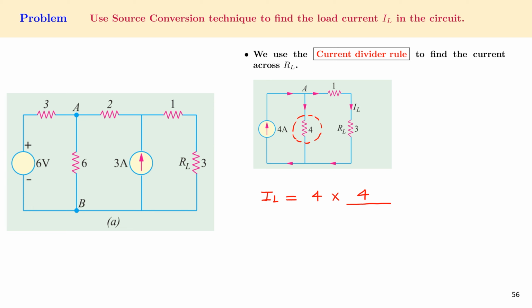So the total resistance includes 4 plus 1 plus 3, and this is equal to 4 multiplied by 4 divided by 8, which is equal to 16 by 8, and that is equal to 2 amperes. So the current that is going to flow across the load resistor would be 2 ampere.